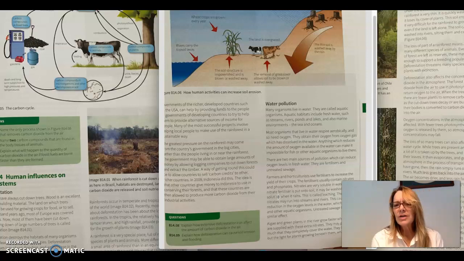I need you guys to understand that it decreases the amount of carbon dioxide taken out of the atmosphere, and it decreases the amount of available oxygen for all organisms. It increases the damage to the atmosphere, and that also increases the air pollution and things like that. So I need you to be a little more specific when you try to answer these questions.